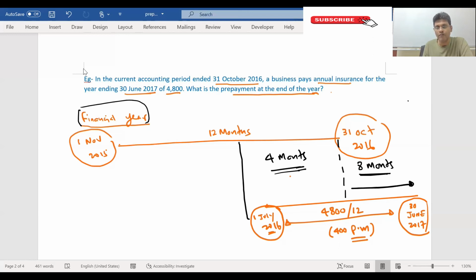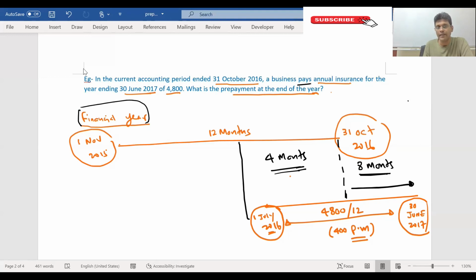Okay, so therefore, since the business pays annual insurance for the year ending 30th June 2017 of 4,800, what is the prepayment at the end of the year, at the end of 31st October 2016?